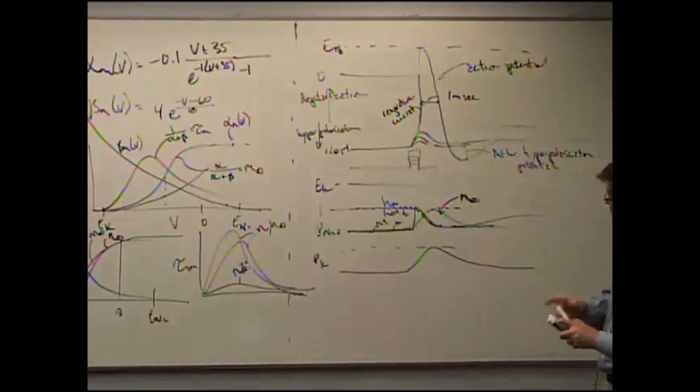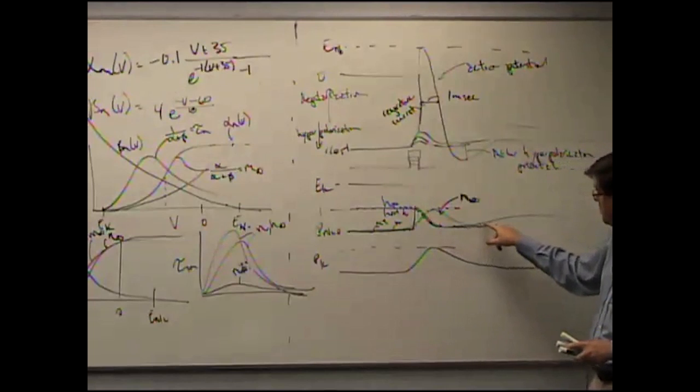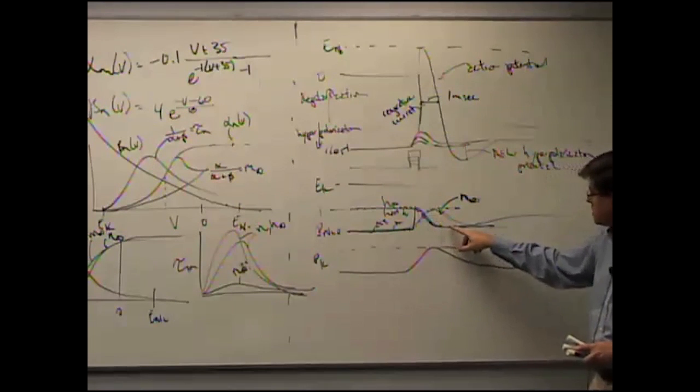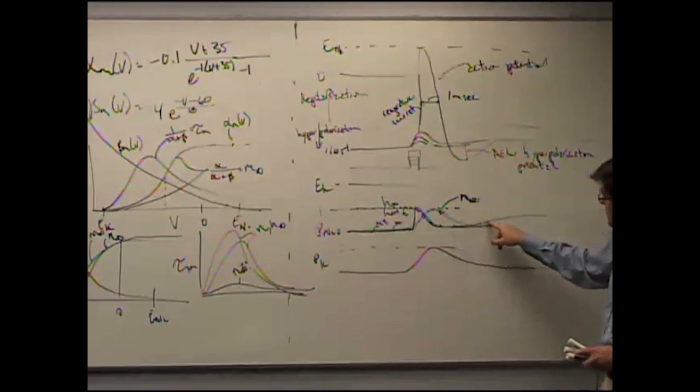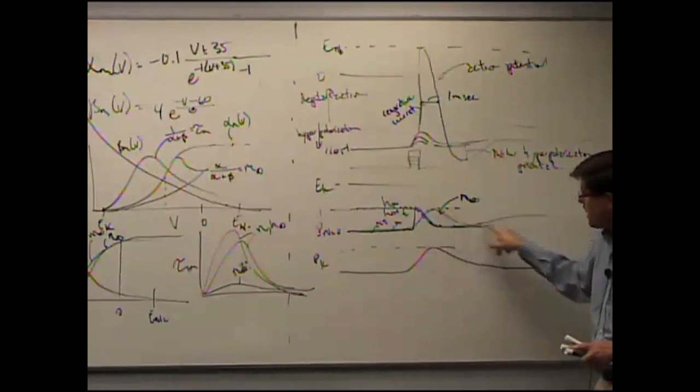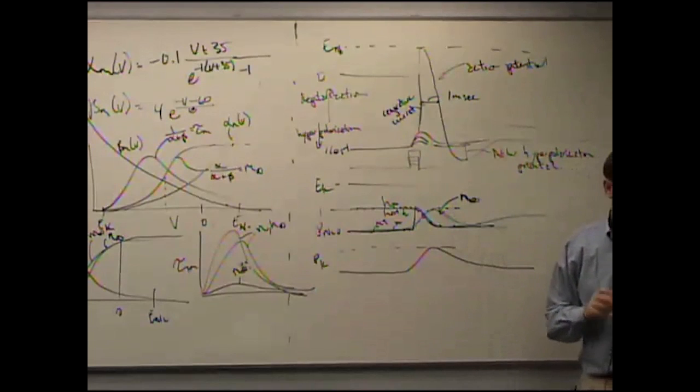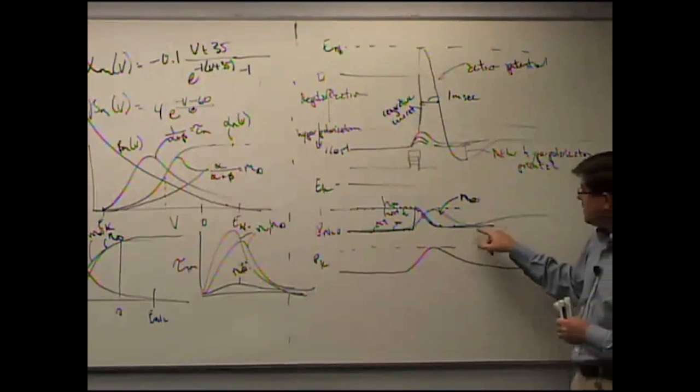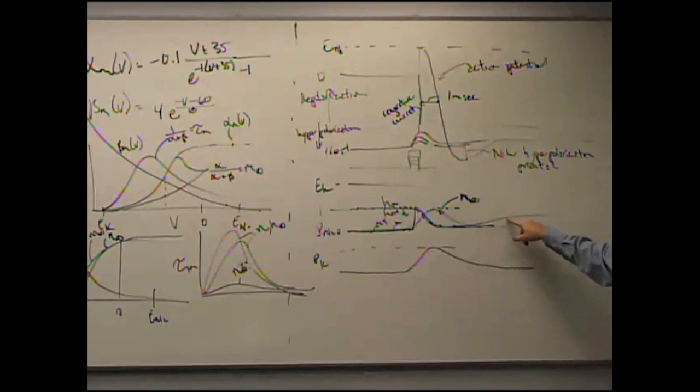The sodium comes back down, and then the inactivation drops, turning off the action potential, and then slowly recovers. The activation recovers fairly quickly. So if you were to stimulate a neuron again right here, you'll find that a lot of the sodium channels are inactivated, and so it's not really ideal.